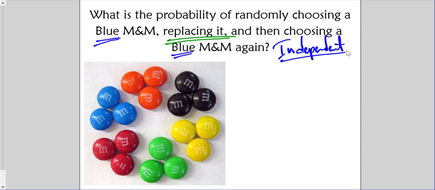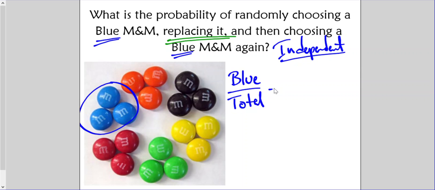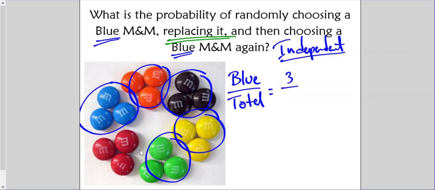We reset the bag to the original probability. So the chance that we get a blue, we want to think about the blue out of the total, which is 3 out of, there are 6 groups of 3, so 3 out of 18. So the chance that we get a blue is really 1 out of 6.